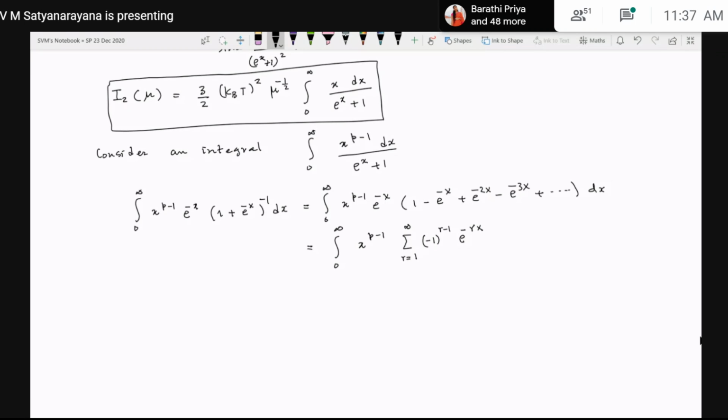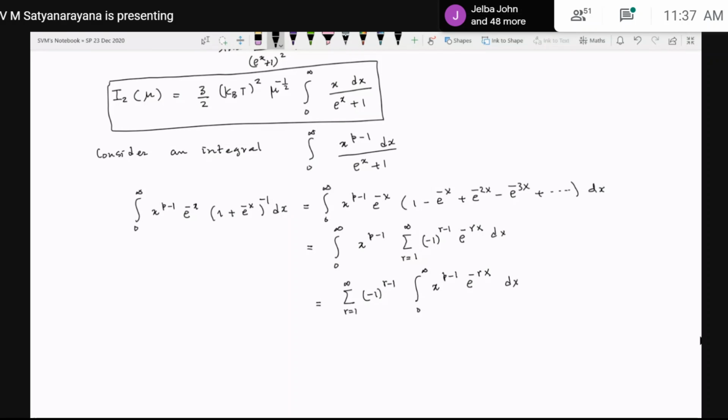So when you put r equal to 1, that is plus, r equal to 2, it is minus, and so on. So I swap the summation, r equal to 1 to infinity, minus 1 to the power r minus 1, into the integral from 0 to infinity of x to the power p minus 1 into e to the minus rx, because there is a dx.